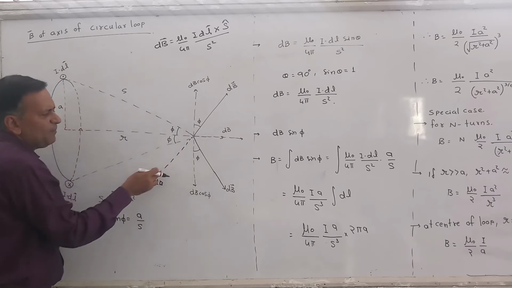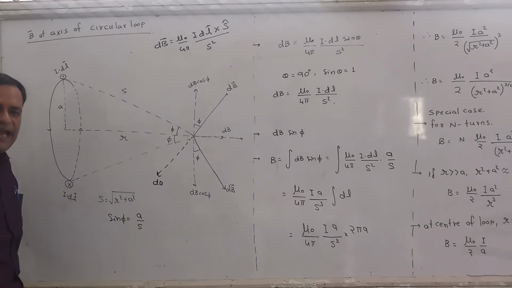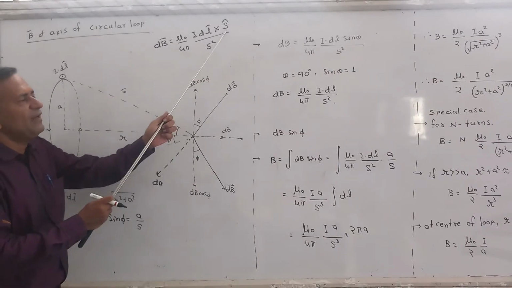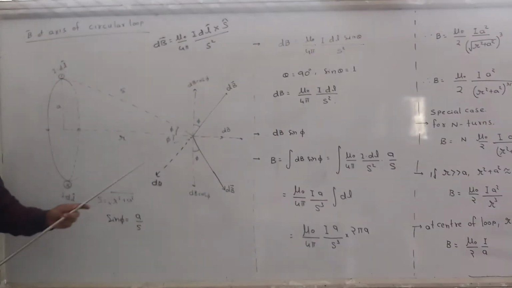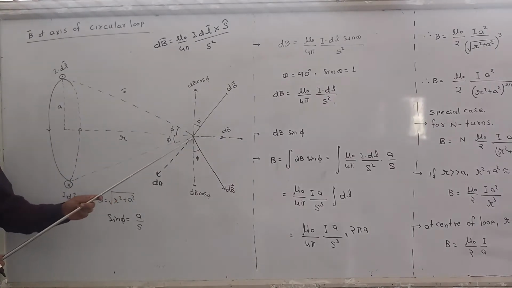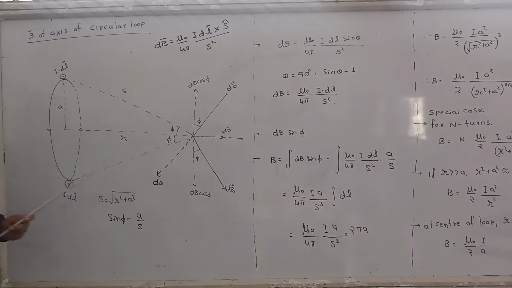This is also perpendicular to S. Did you get that? dB is perpendicular to S. So this line can also be the magnetic field, and this line can also be the magnetic field. But both cannot be the directions of magnetic field. One of them is wrong.